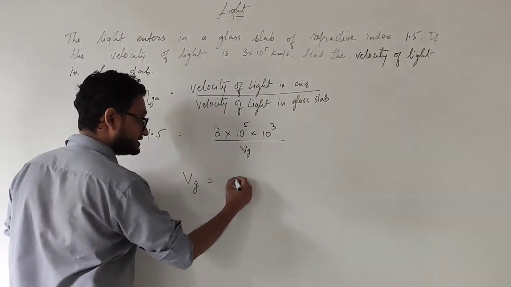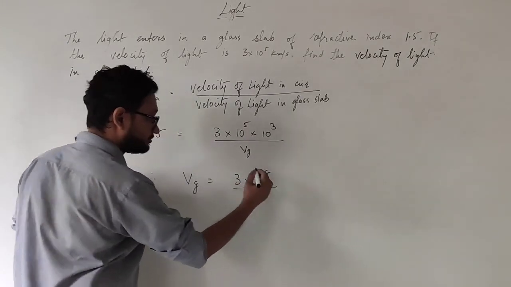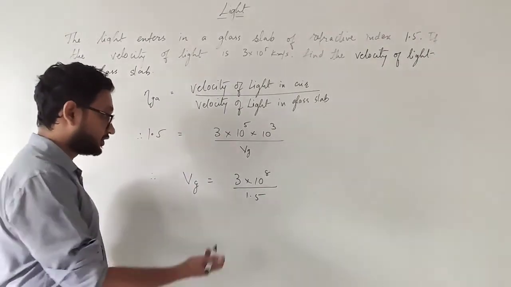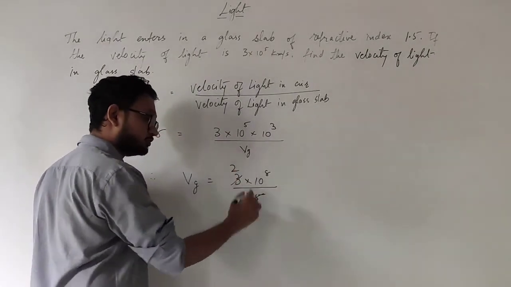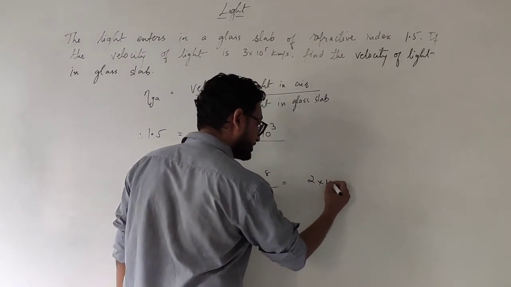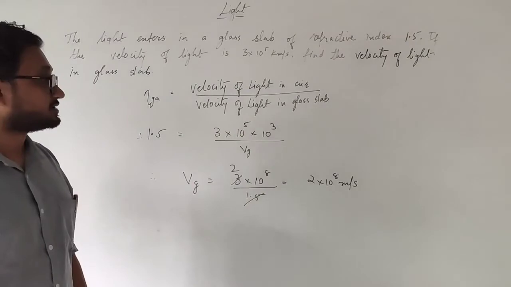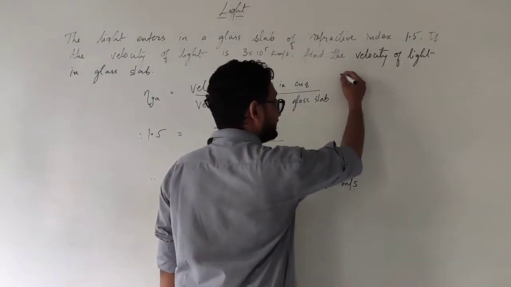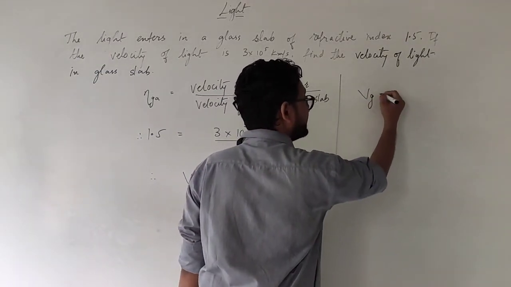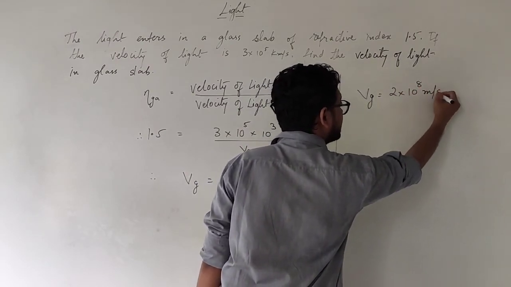The next step becomes like this. Velocity in glass slab is 3 into 10 raised to power 8 upon 1.5. We all know 1.5 into 2 gives us 3. This gives us 2 into 10 raised to power 8 meters per second. So this is your answer, that the velocity of light in glass is 2 into 10 raised to power 8 meters per second.